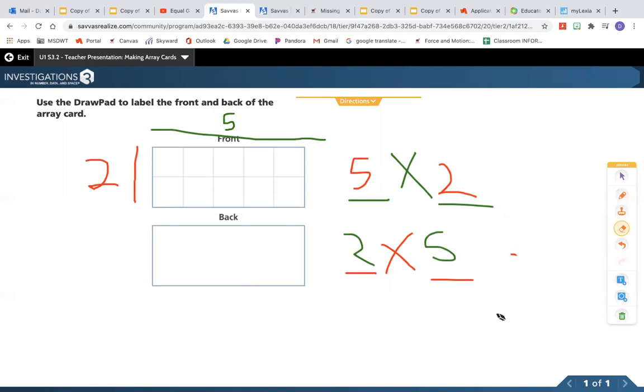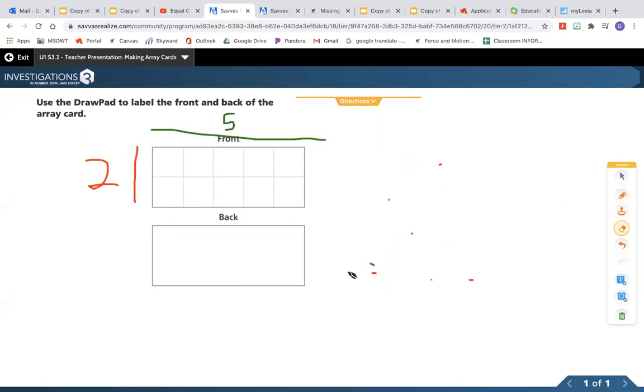And we're going to do one more. All right, I'm going to draw my array. It might not look super, super nice, but that's okay. I'm going to do it with dots.